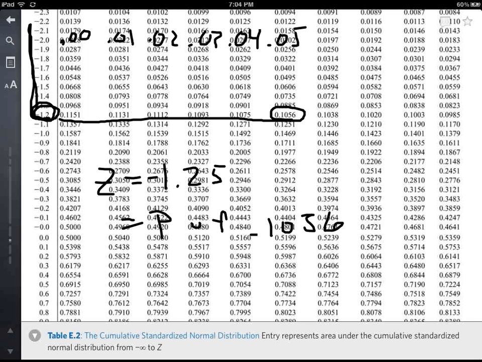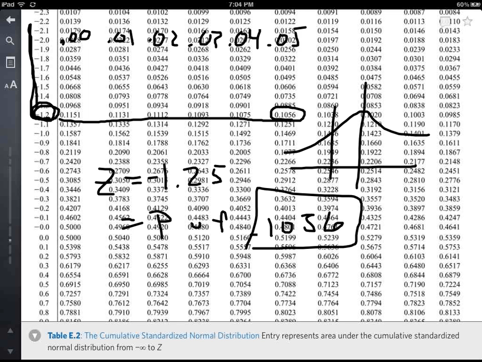So the probability of completing this triplex in 75 days or less is 0.1056. So that represents this part of the chart.